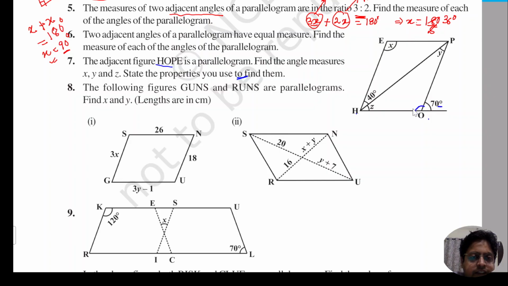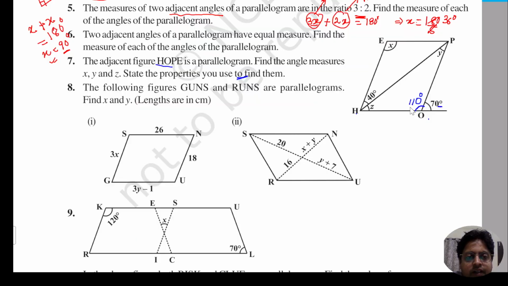So this angle HOP plus this 70 degree is equal to 180 degree. So this angle HOP will be 110 degree. Just by using property of a straight line, we found this angle to be 110 degree.